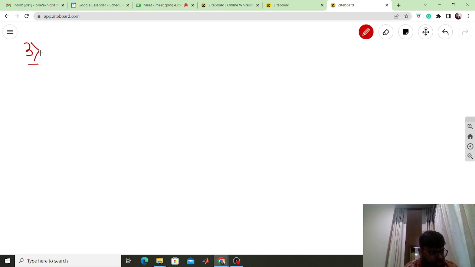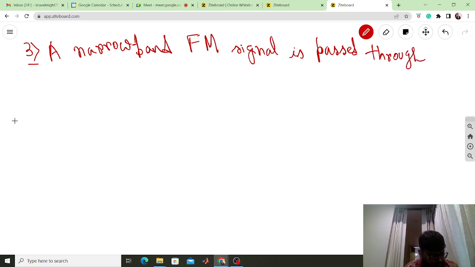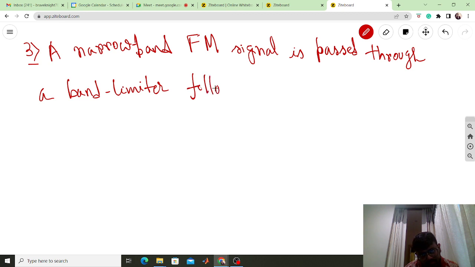The third question is: a narrowband FM signal is passed through a band limiter followed by a bandpass filter.